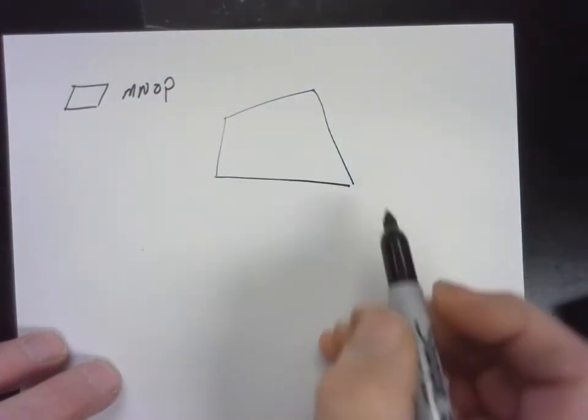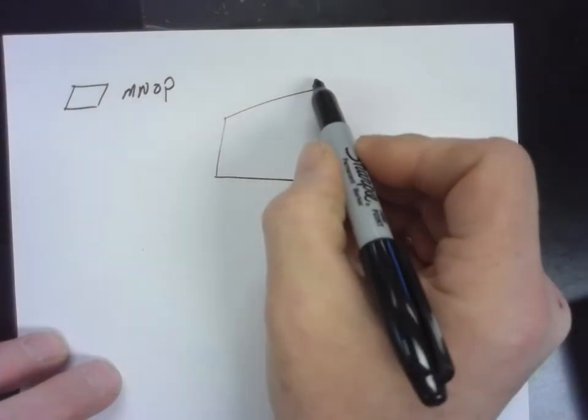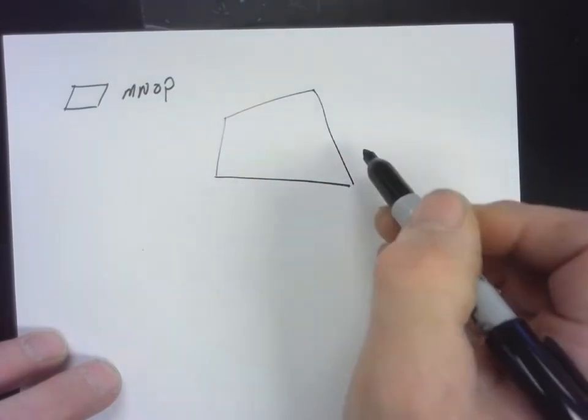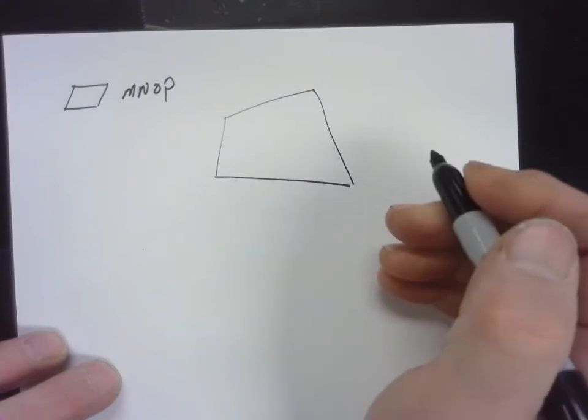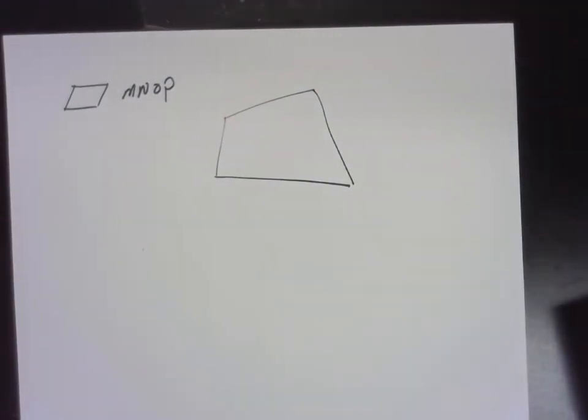Okay, do I start here and go clockwise MNOP? Do I start here and go counterclockwise MNOP? What do I do? And the answer is yes. You can start at any vertex and go clockwise or counterclockwise, and the labeling would come out correct.